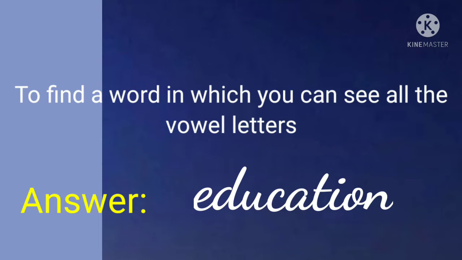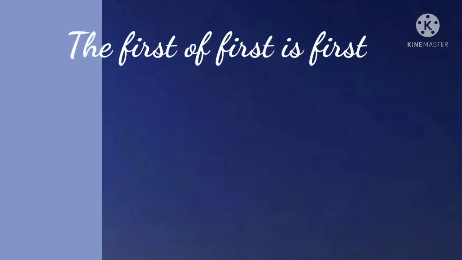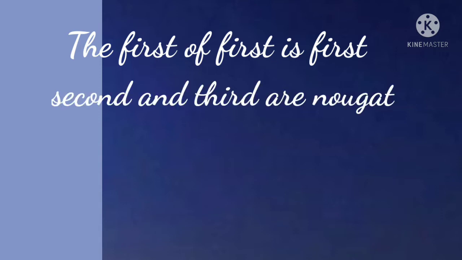My second question was rather a funny question. Look at the question. The first of first is first. If I elaborate it, you can say the first letter of the word first is the first letter, that is F. Second and third are not.